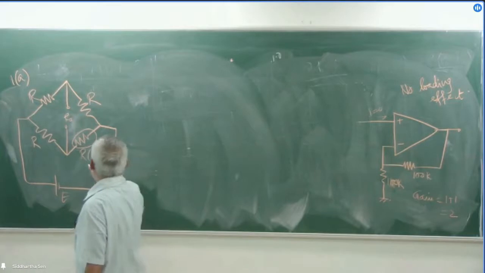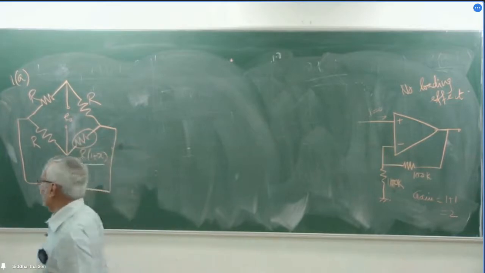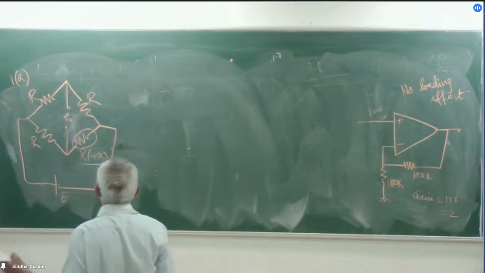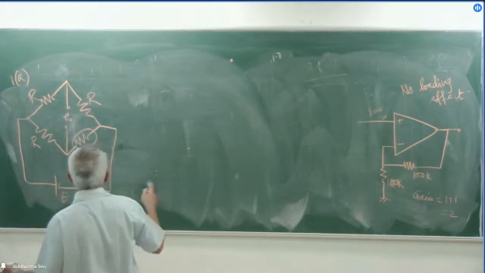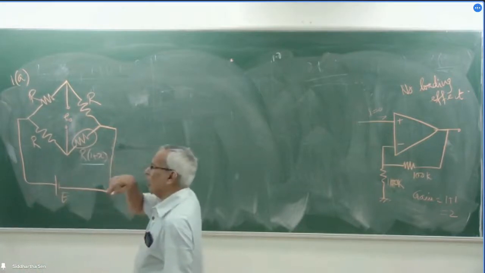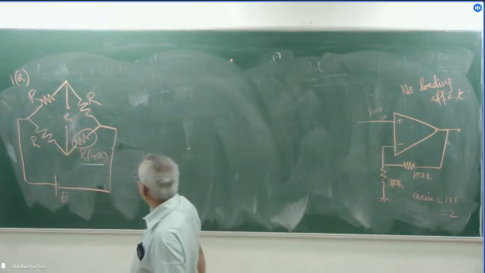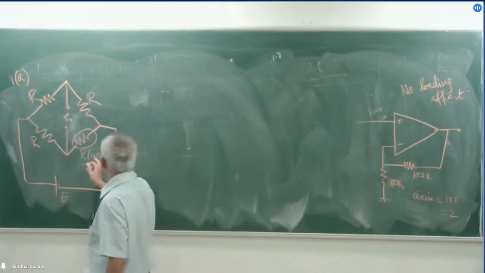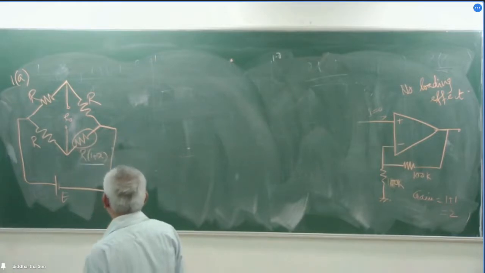That means maybe a resistive sensor, similar to your potentiometer for distance measurement, or maybe a resistance thermometer, whose resistance changes linearly with the input x.